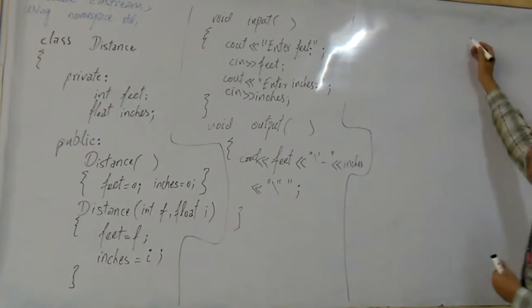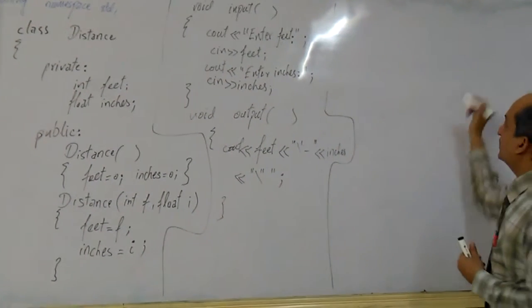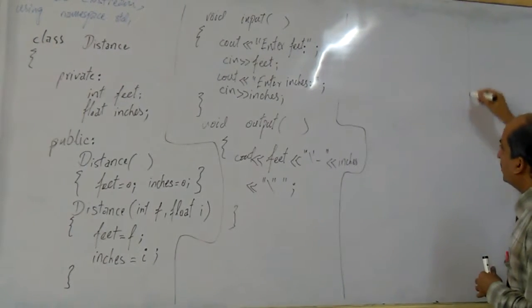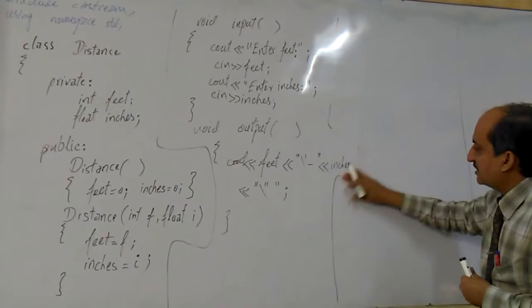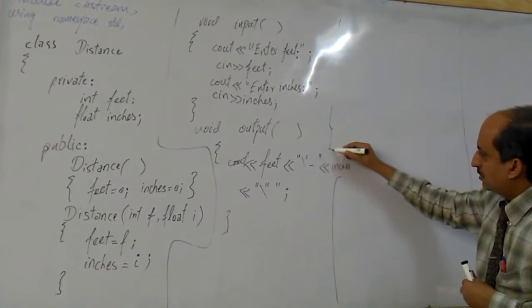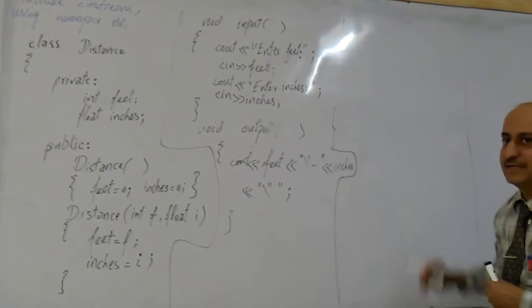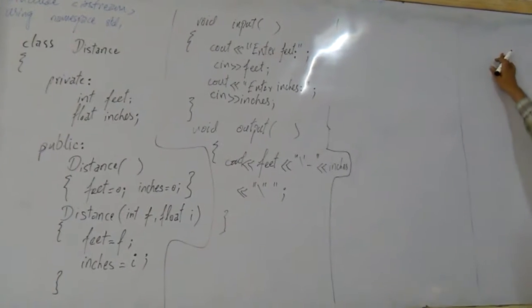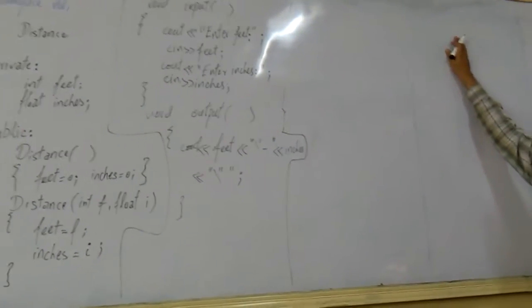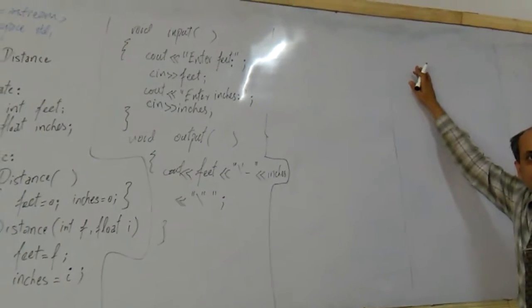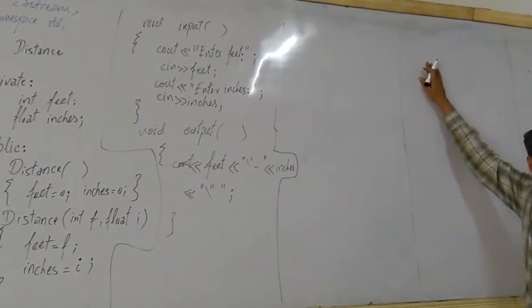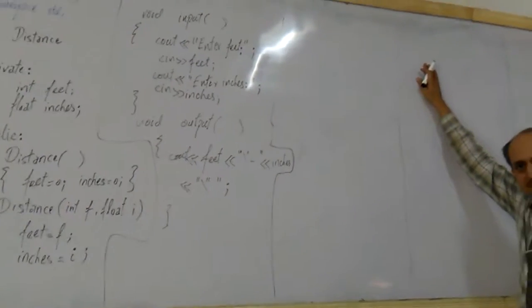And for that, I am leaving some space over here, and first I want to discuss how that add distance function will be called inside the main program. What should be its syntax?